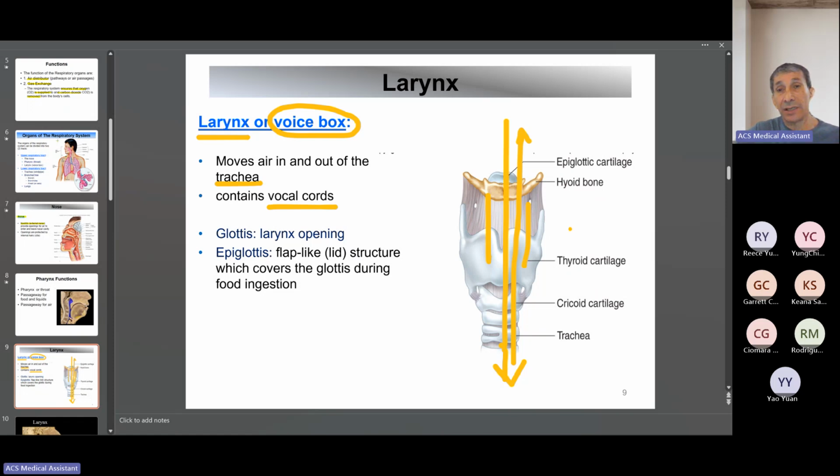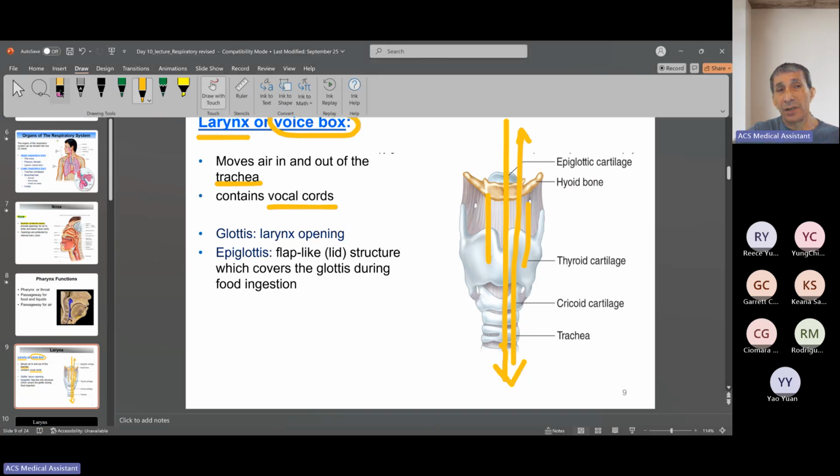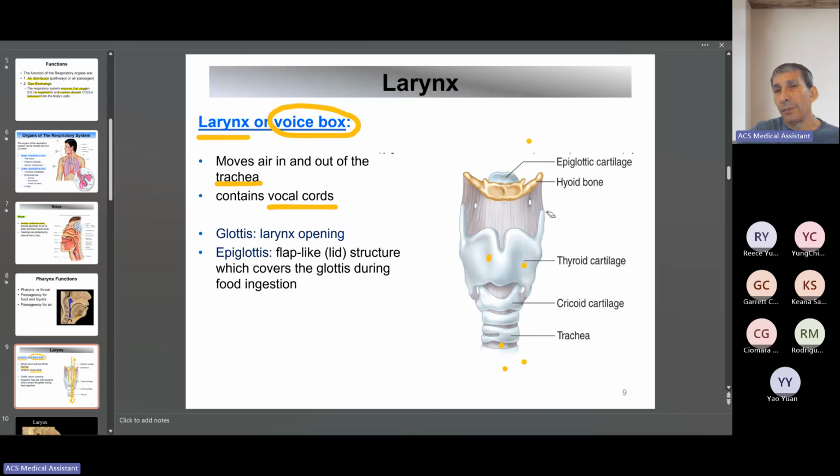Think about this. Sometimes we feel this type of inflammation inside the larynx and our voice is not coming out, or it is very hoarse. That is because these vocal cords are injured, they are swollen.